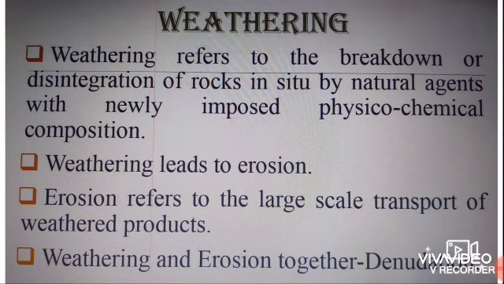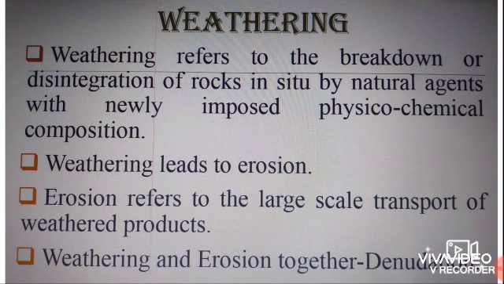So what is weathering? Weathering simply refers to the breakdown or disintegration of rocks by natural agents such as air, water, ice, wave, etc. By weathering, the physical and chemical properties of rocks are altered. And weathering is in situ.